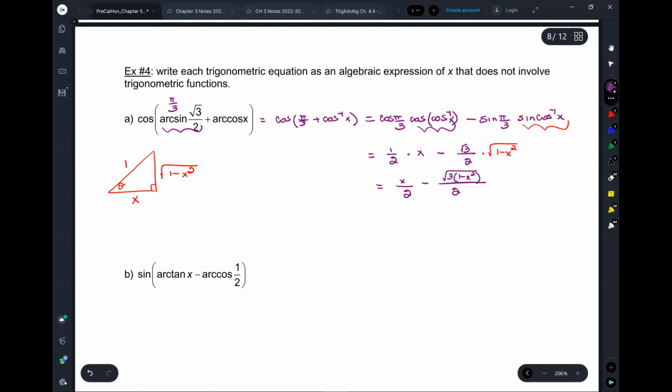Shouldn't there be parentheses around the 1 minus x? If it's in the square root, it doesn't matter. So now, in one fraction, it's x minus root 3, 1 minus x squared. You can, but it's not necessary. Okay? So that's what we have there.